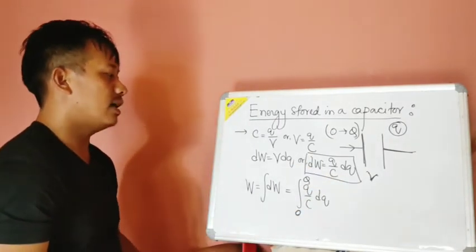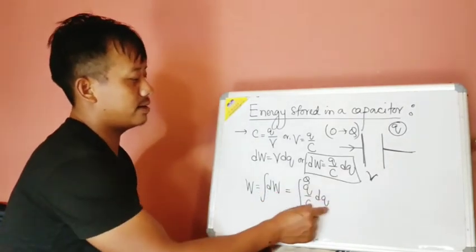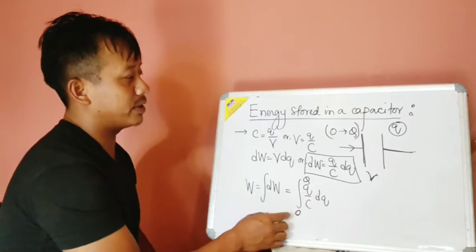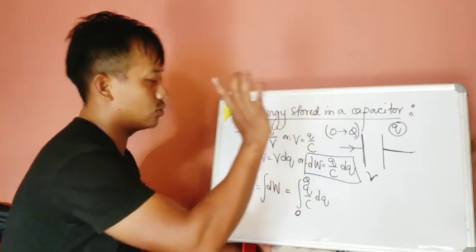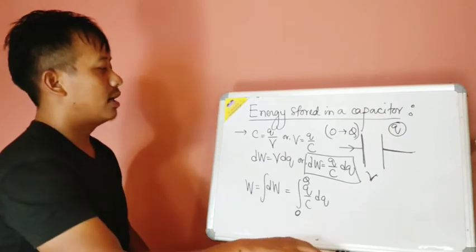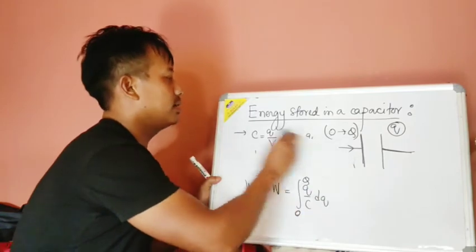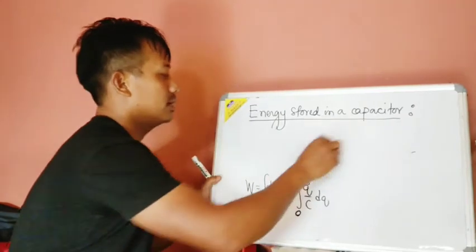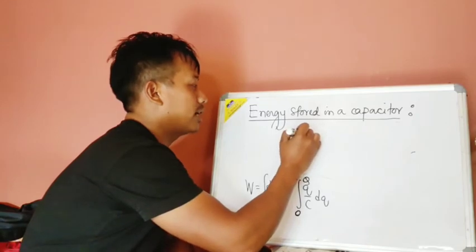I have just substituted the value of dW and then the limits, because the capacitor is being charged from chargeless to total charge Q. That's why the lower limit should be 0 and the upper limit should be capital Q. Let us apply the first rule of integration: any constant should be taken outside the integration.